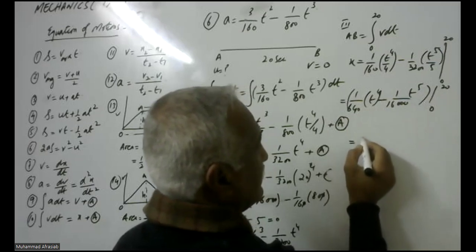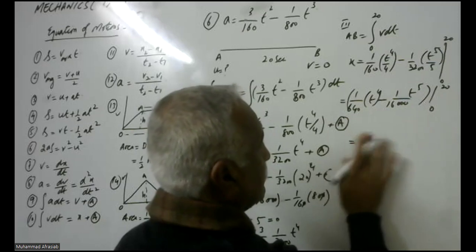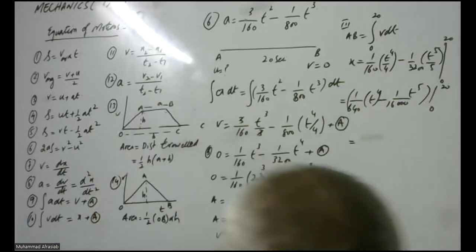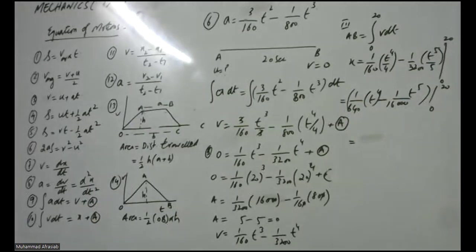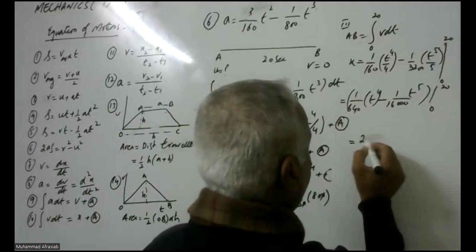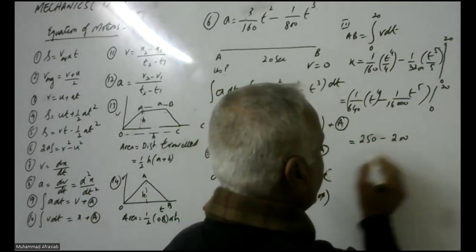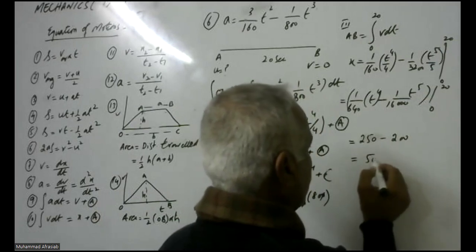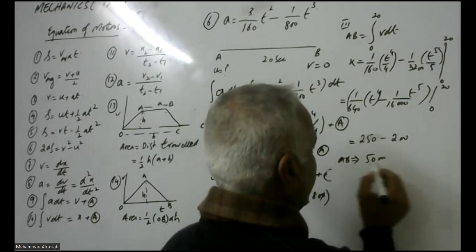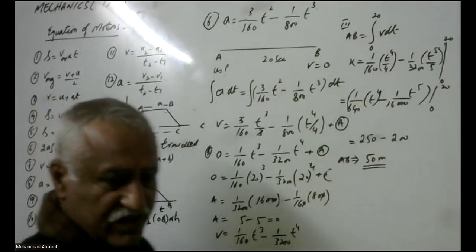This is going to give us 250 minus 200 after putting the limits, and that is equal to 50 meters. So the distance AB is equal to 50 meters for that calculation.